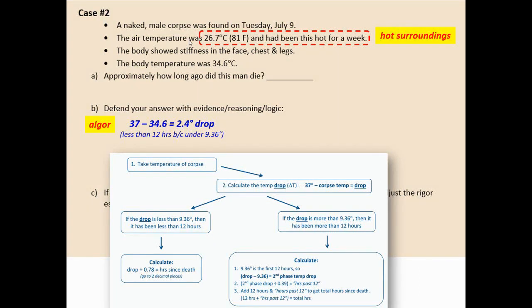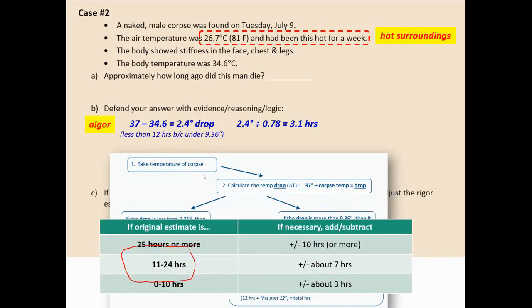That's only a 2.4 degree drop. Great. So it's been less than 12 hours according to the Algor mortis. So we just take 2.4 degrees, divide by 0.78, following this part of the flowchart, and that tells us that it's been about 3.1 hours.